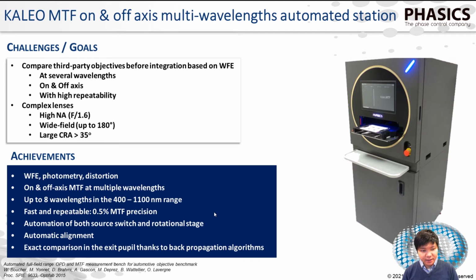The system is completely automatic, so you don't need to align anything, you don't need to be there for the measurement. You can test at different azimuth, for example, and all the outputs can be directly compared to design results, because we give the result in the exact same plane.